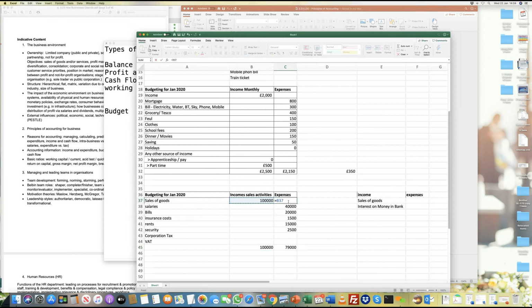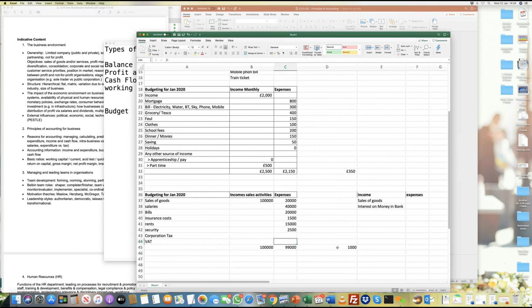So if I have to calculate this, VAT in the UK is 20%. That means they would pay £20,000 VAT. And if the total income coming in is 100,000, that means they would have made a profit of, minus the expenses, how much? 100,000 minus 99,000. So their profit is 1,000 on the overall business in the year. And on this, the corporation tax is 19%.